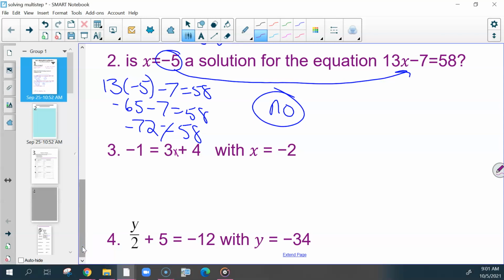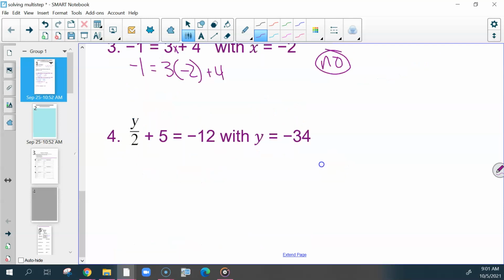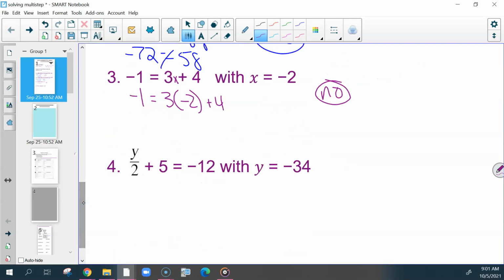Number 3, did we get that this was or was not a solution? Was not. Anyone need to see this one worked out? So 3 times negative 2 plus 4, would be negative 1 equals, this would become negative 6.